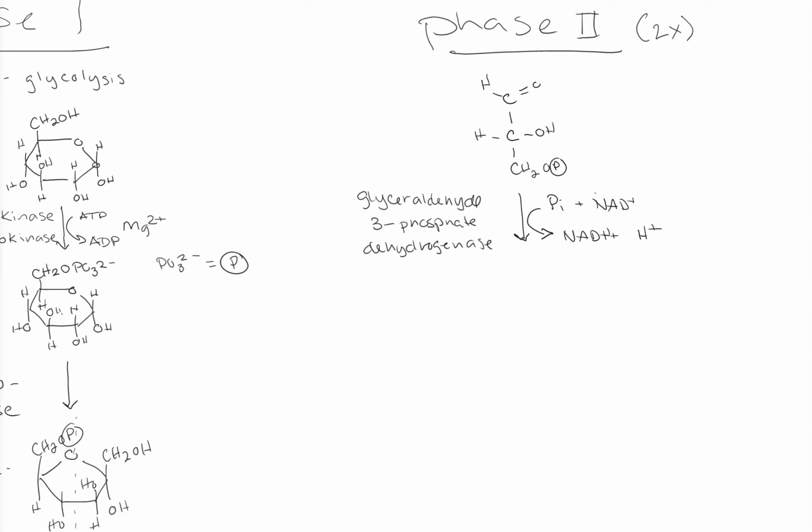Now, we had a discussion in class previously in chapter 17 regarding reducing equivalents and how they vary between anabolic and catabolic processes. So recognize that for glycolysis, the reducing equivalent that we will see over and over again, and in the TCA cycle, and in electron transport, will be NAD plus coupled with NADH. So what we're going to see is a dehydrogenase event where we go from glyceraldehyde 3-phosphate to 1,3-bisphosphoglycerate.